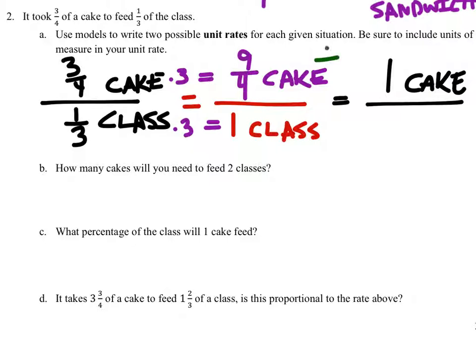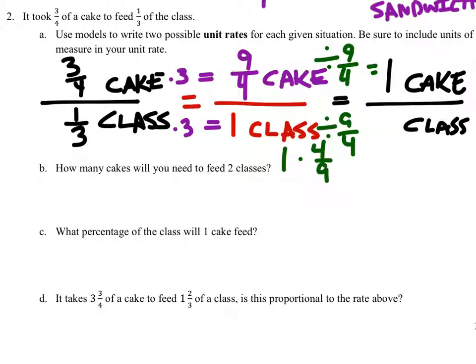I would divide it by itself, 9/4, to get 1, okay? Because anything divided by itself is 1, right? And we're looking at how many classes this is. So what do I do with the 1? I divide it by 9/4. Well, 1 divided by 9/4 is the same as 1 times 4/9, which would give us 4/9. So 1 cake would feed 4/9 of a class and 9/4 of a cake would feed one full class.